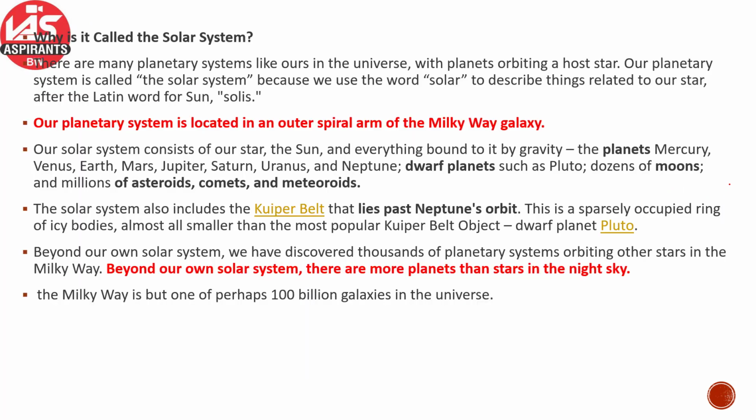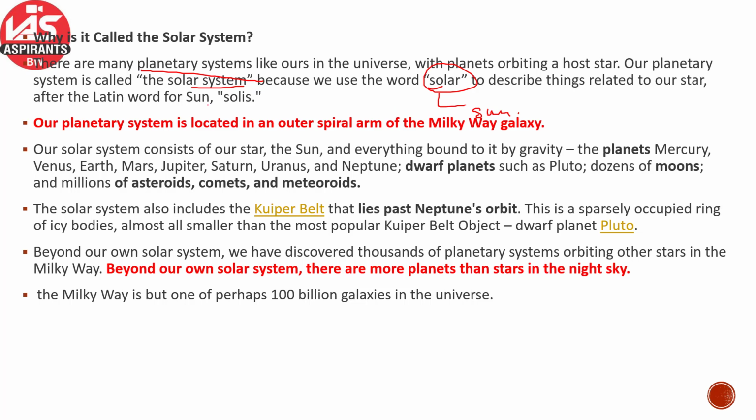So let's see, why do we call our solar system a solar system? Okay, there are many planetary systems like our solar system in the universe, because we talked about there are many galaxies, right? And our planetary system is called the solar system because we use the term solar to describe the Sun.